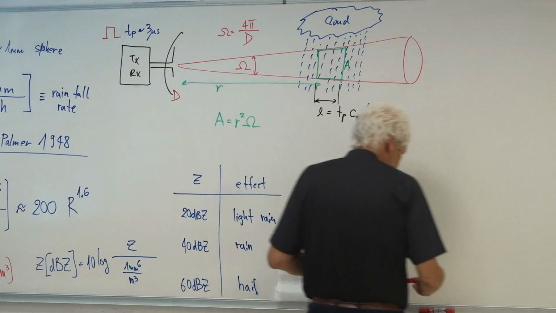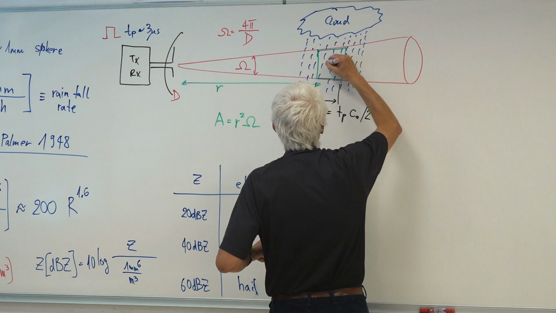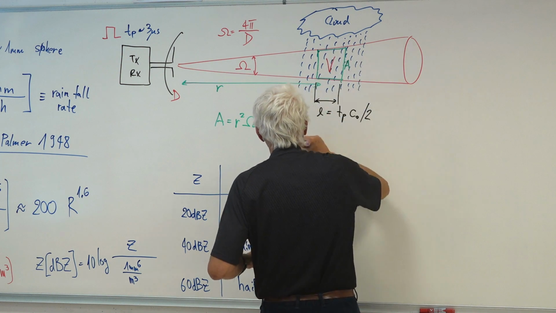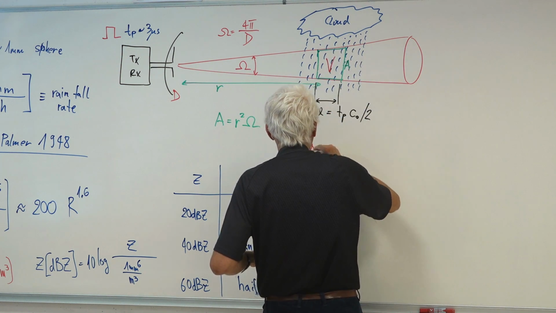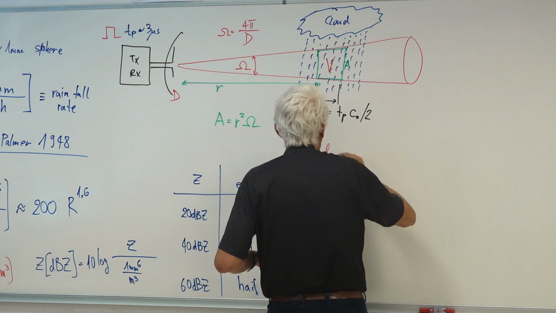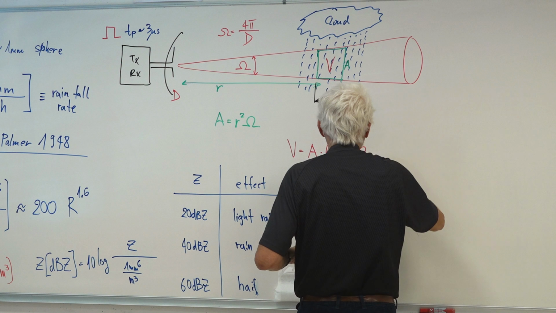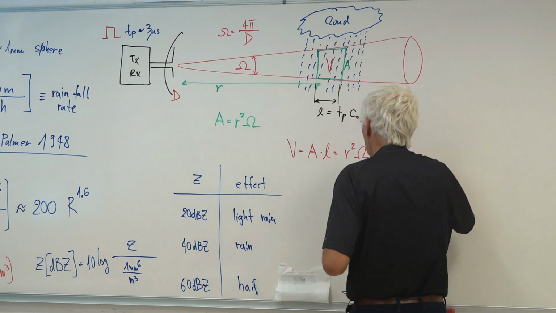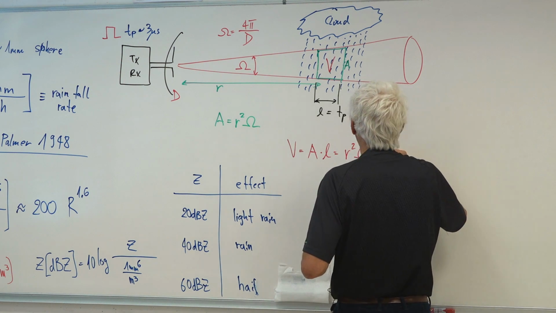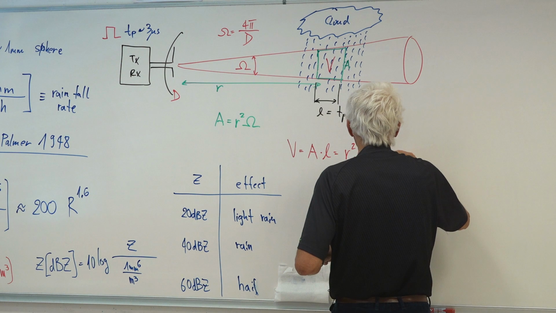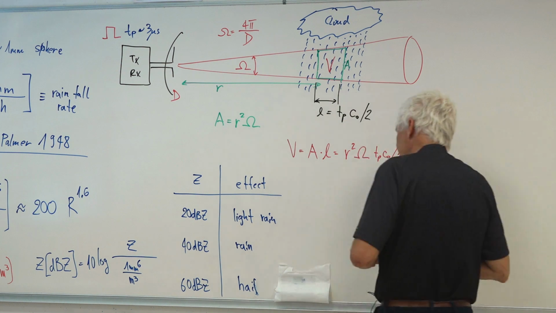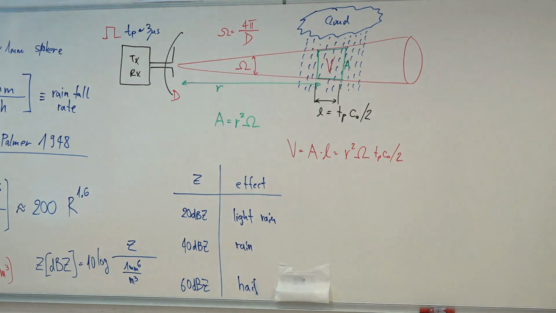So the volume I am observing, volume is A times L, which is r squared omega multiplied by TP C0 half. That's the volume that's working.